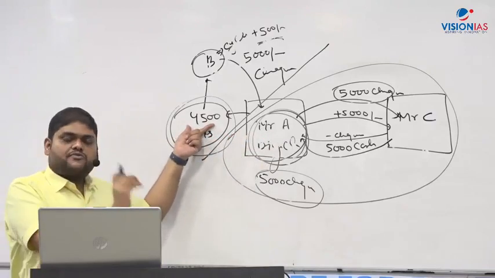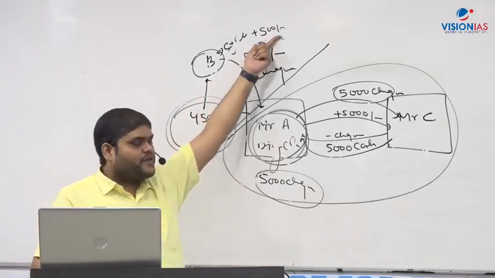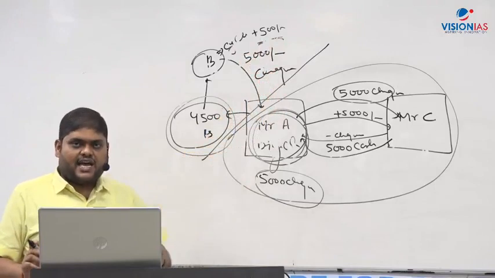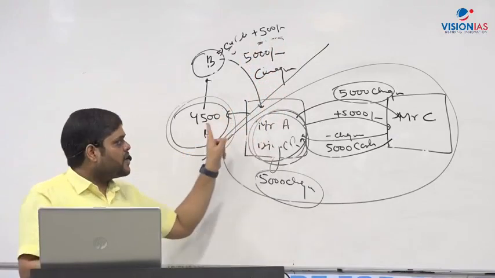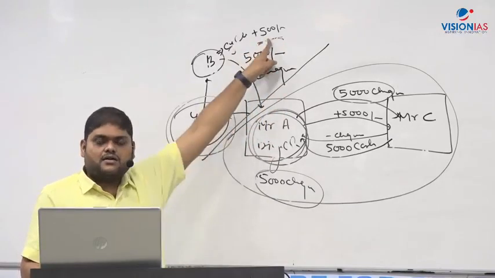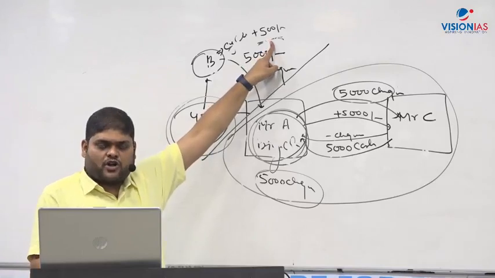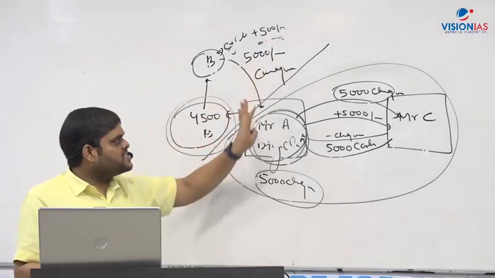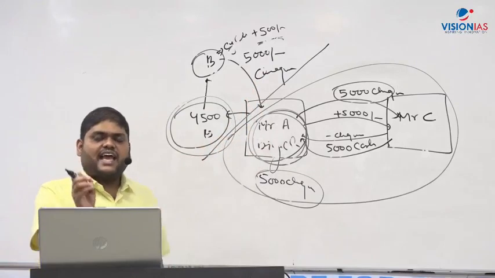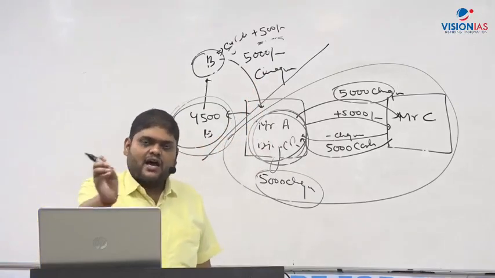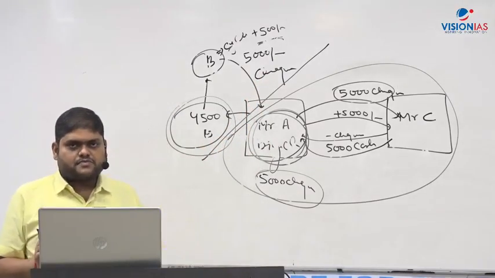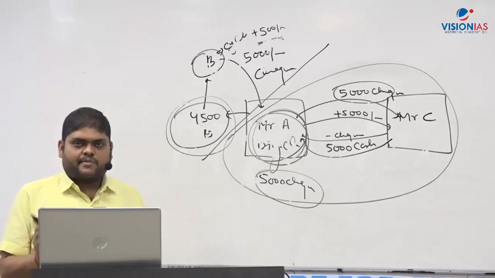This 4,500 bicycle and this 500 rupees belong to Mr. A. That check he got because of these two things. Are you getting my point or not? So Mr. A is actually losing a bicycle and 500 rupees.